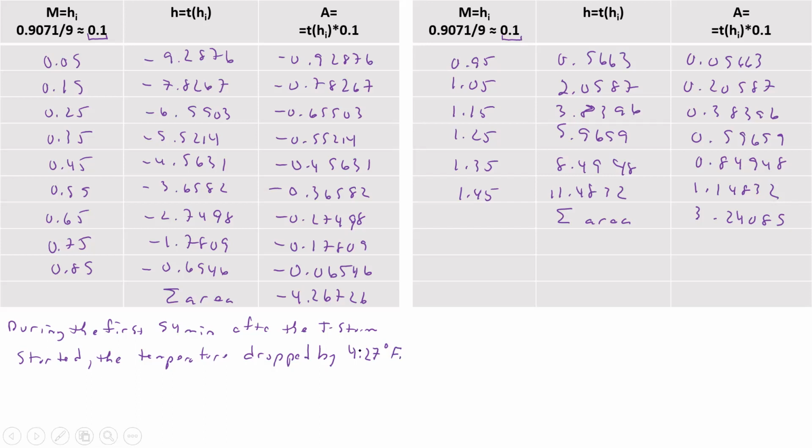Now what? All right, so now we can say after the first 54 minutes, because this is after 0, so it's during the first 54. After the first 54 minutes, the temperature started to rise, it looks like.